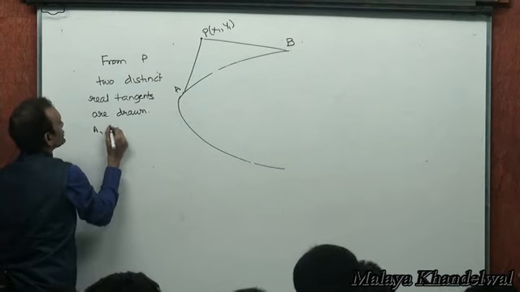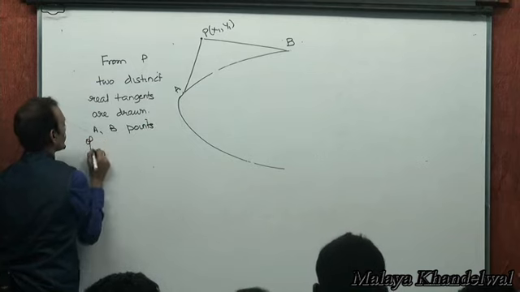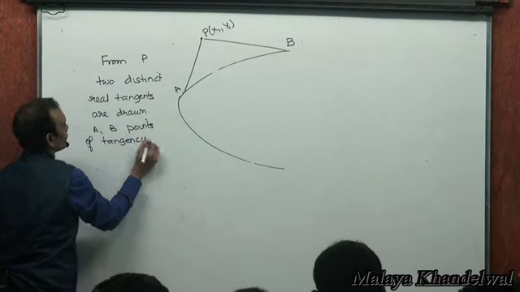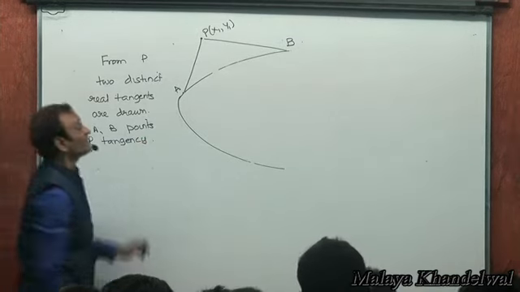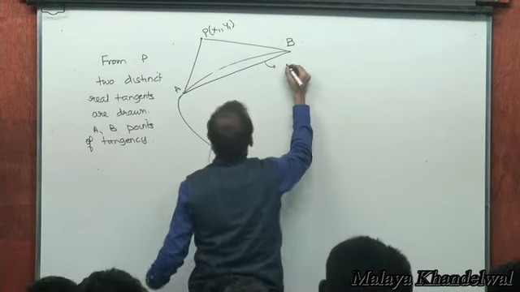A and B are points of tangency. Right? Then this AB is called the chord of contact with respect to P.